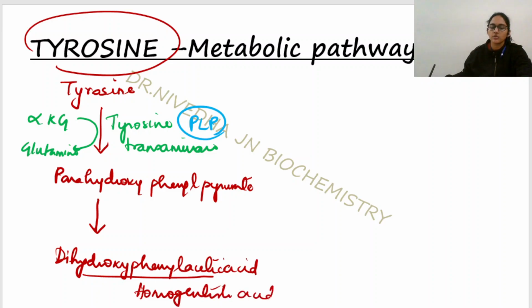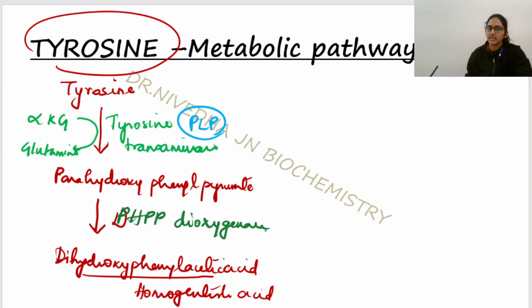So what is the enzyme that converts para-hydroxyphenylpyruvate to homogentisic acid? It is dioxygenase, para-hydroxyphenylpyruvate dioxygenase or hydroxylase. So tyrosine gets converted to para-hydroxyphenylpyruvate, which gets converted to homogentisic acid.